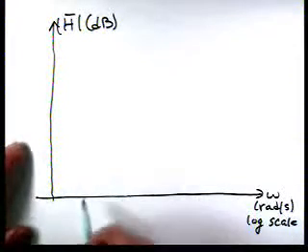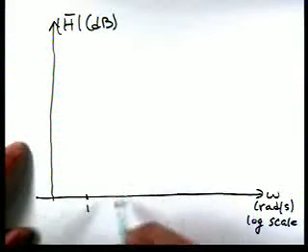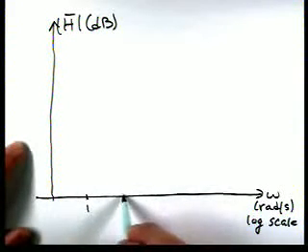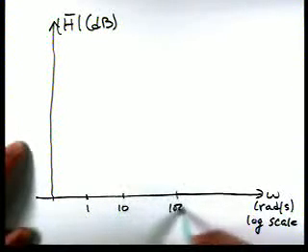Let's label, for instance, here's ω = 1, a reference point for our pole at the origin. Here's 10, and then here's 100.